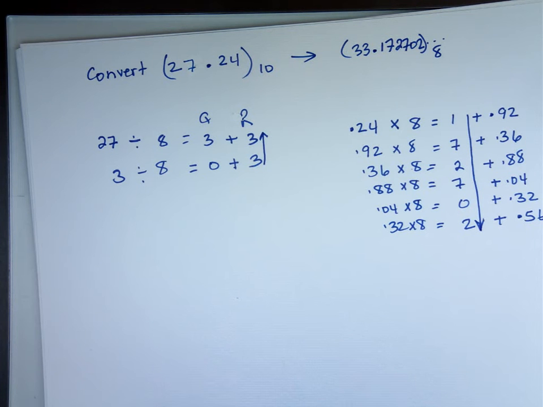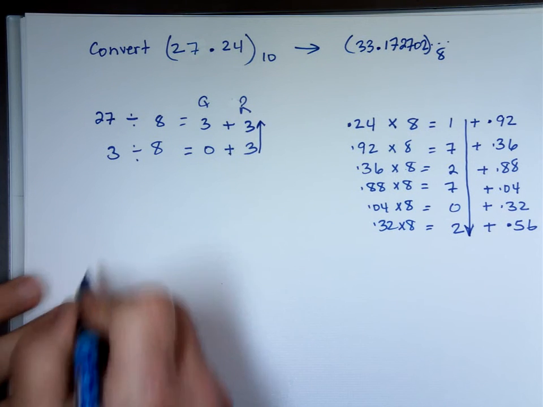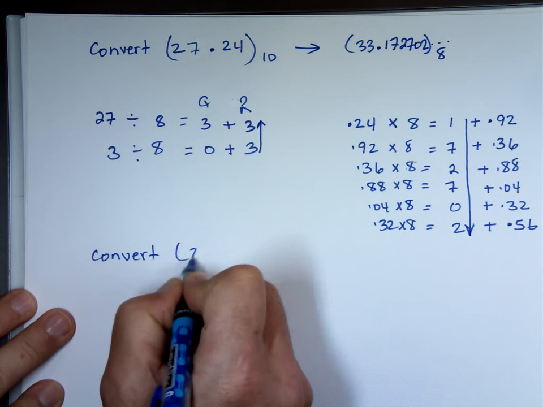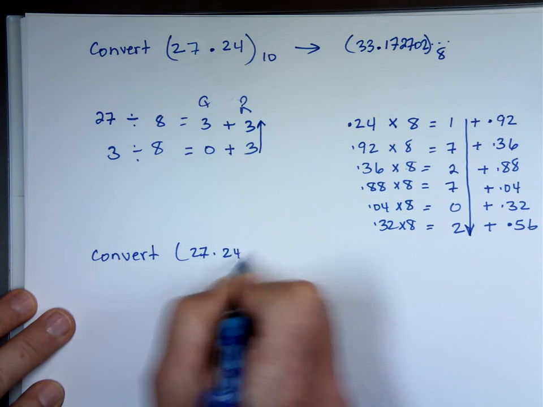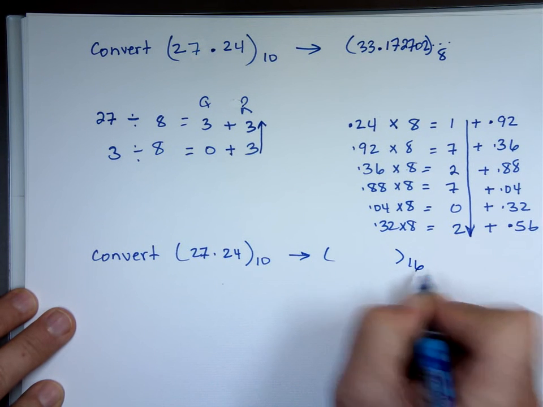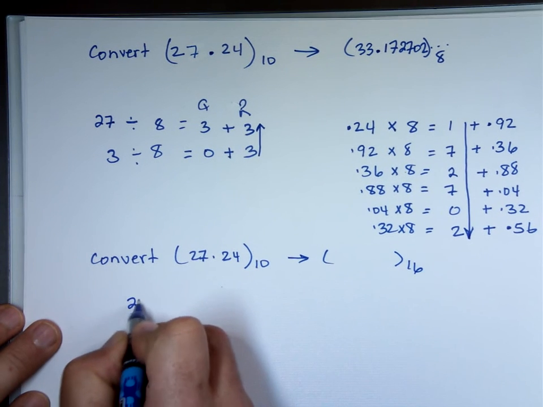And we'll do this one more time quickly. And I have to go. Base 10, I want to change it to base 16. So take the 27 divided by 16.